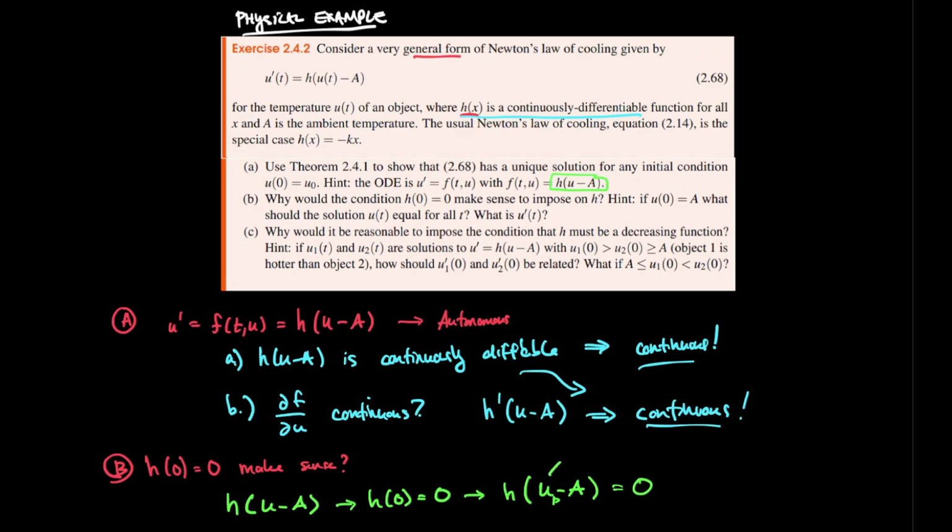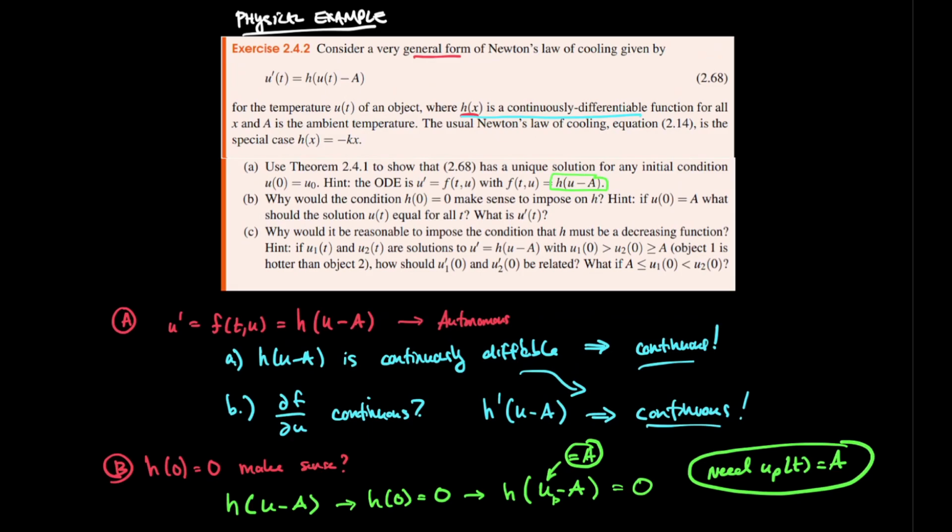And that would mean that this needs to equal a. Right? The input would need to be equal to the ambient temperature minus the ambient temperature. We would need u of t to equal the ambient temperature. So why would this make sense?